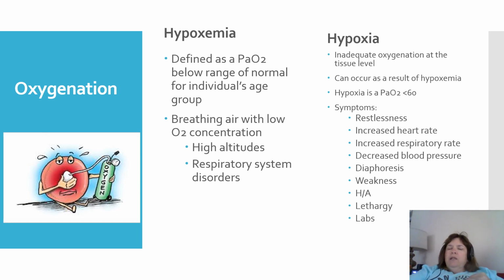Hypoxia means I'm not getting enough oxygen to my tissues. It can occur as a result of hypoxemia, and with hypoxia you get a PaO2 of less than 60. Symptoms are, these are all things you learned back in your first semester: restlessness, increased heart rate, increased respiratory rate, decreased blood pressure, diaphoresis, weakness, headache, lethargy, and it may be demonstrated on their labs.